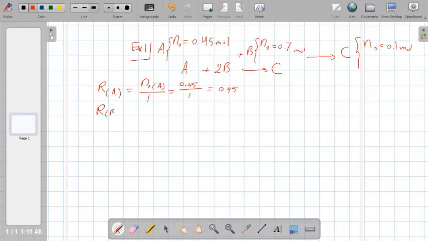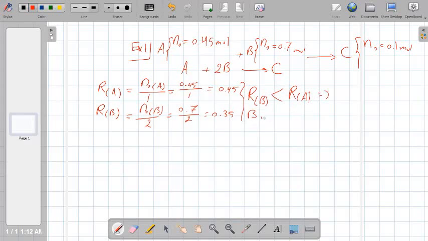Ratio of B equals N0 of B over stoichiometry, which is 2, equals 0.7 over 2 equals 0.35 without unit. We compare the two ratios, we find that ratio of B is less than ratio of A, therefore B is the limiting reactant.